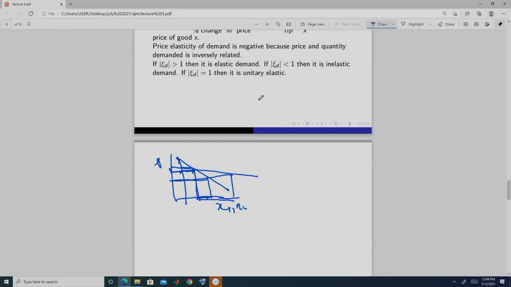If we are given a demand curve like this, with some other variables also, and this is suppose P1, and it is something like this, then if we want to find the price elasticity of good 1, we take this. This is the slope of the demand curve. If we change price slightly, how much is quantity demanded going to change?